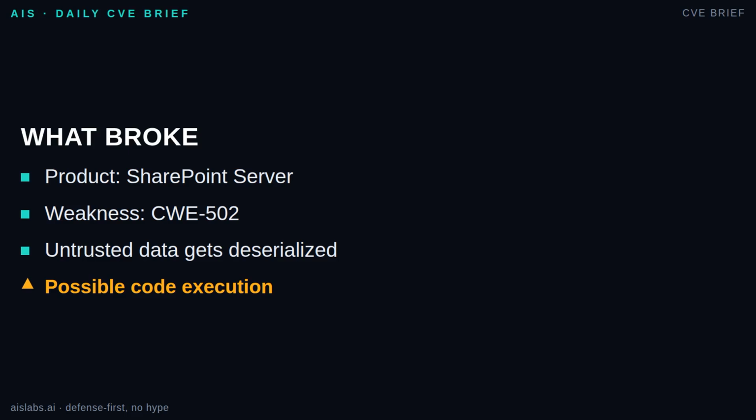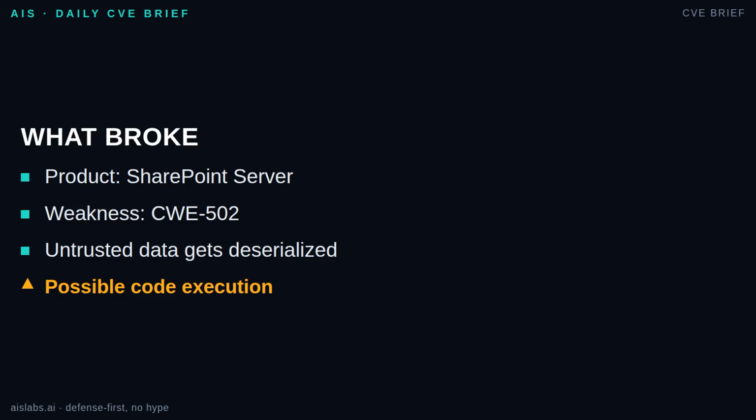The application reads that packaged data and turns it back into live objects it can use. The danger comes when an application accepts data it should not fully trust, then processes it in a way that can influence code behavior. In this case, the official NVD description says, deserialization of untrusted data in Microsoft Office SharePoint allows an unauthorized attacker to execute code over a network.